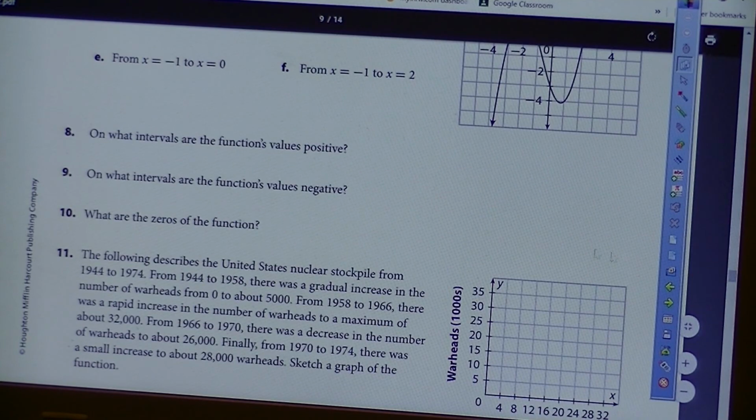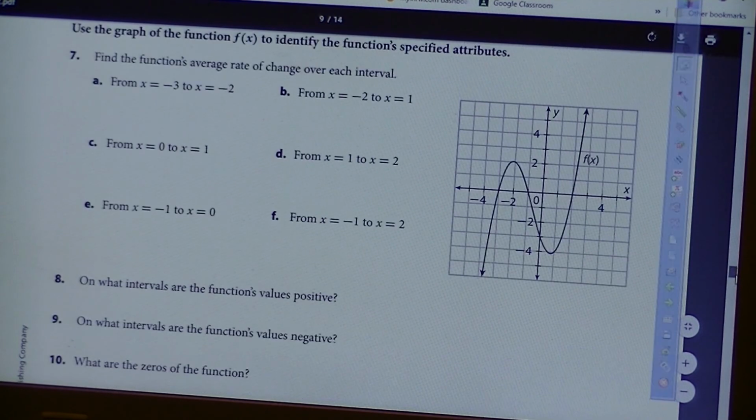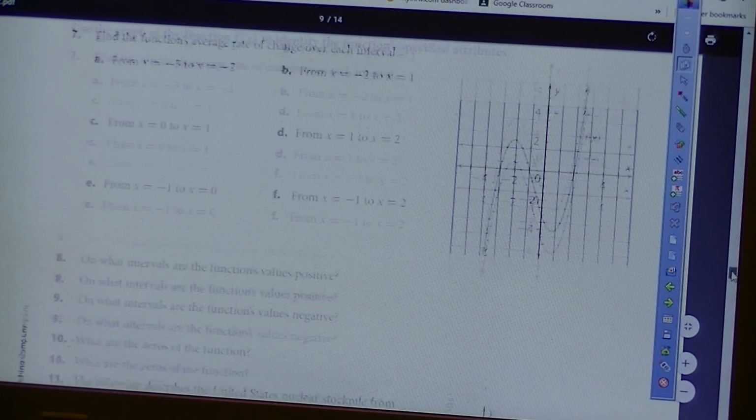And then where are the zeros? We haven't really talked about zeros, but where does it cross the x-axis? At this point, so x equals what here? Negative 1, and then here. So you have 3 places where it crosses, so you have 3 numbers called zeros. Those would be the 3 zeros of your function.